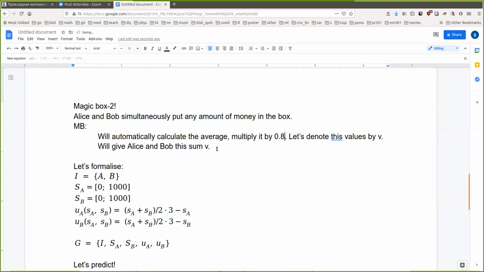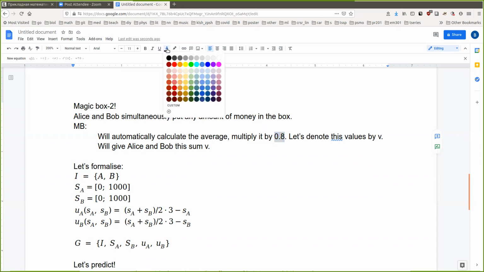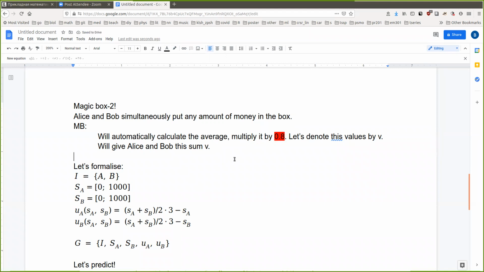So we change here. Our new magic box has other properties. Yeah, that's the change. The second magic box has a little bit different magic.